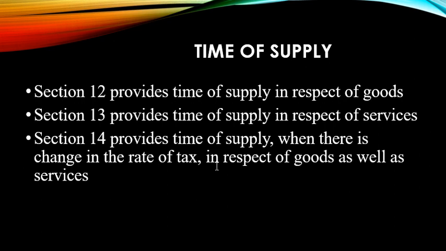Now section 14 is about when there is a change in rate of tax and a supply is made: at what rate and what time will be decided for that supply. So the time to pay the GST liability will be explained.